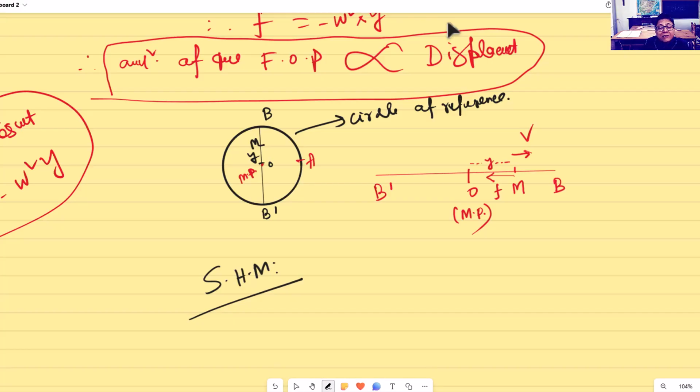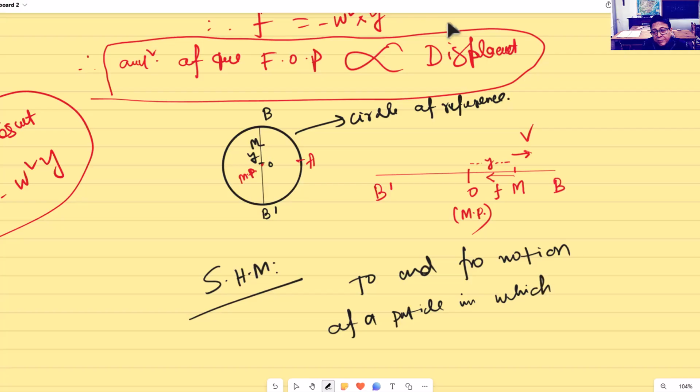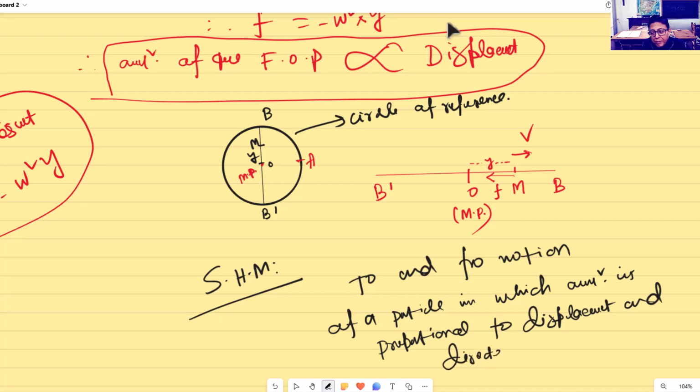So SHM is defined as the oscillatory motion or to and fro motion of a particle in which acceleration is proportional to displacement and directed towards the mean position is called simple harmonic motion.